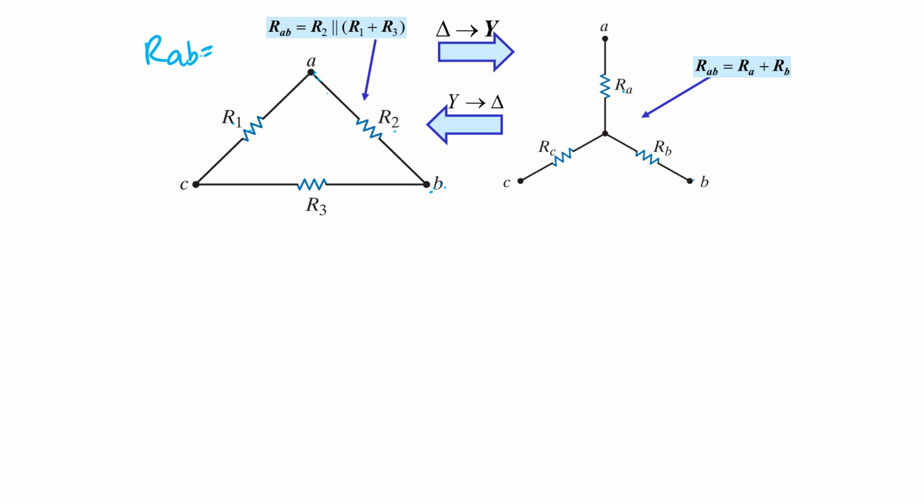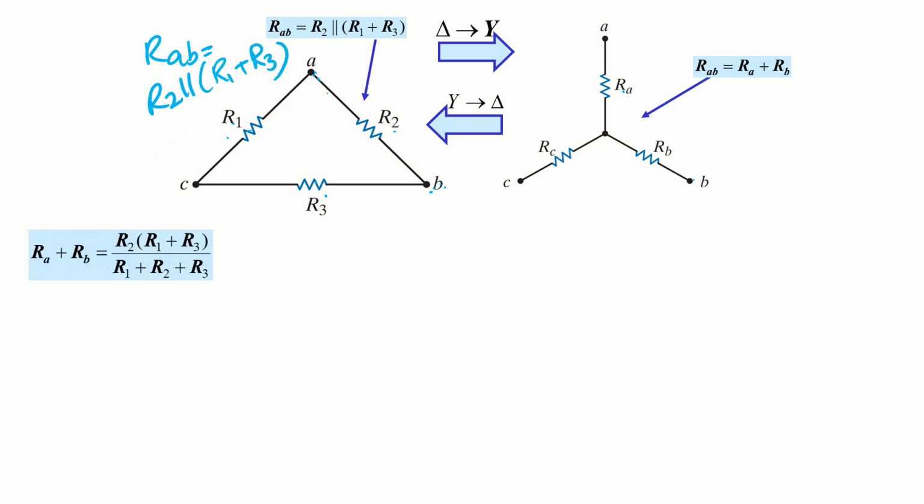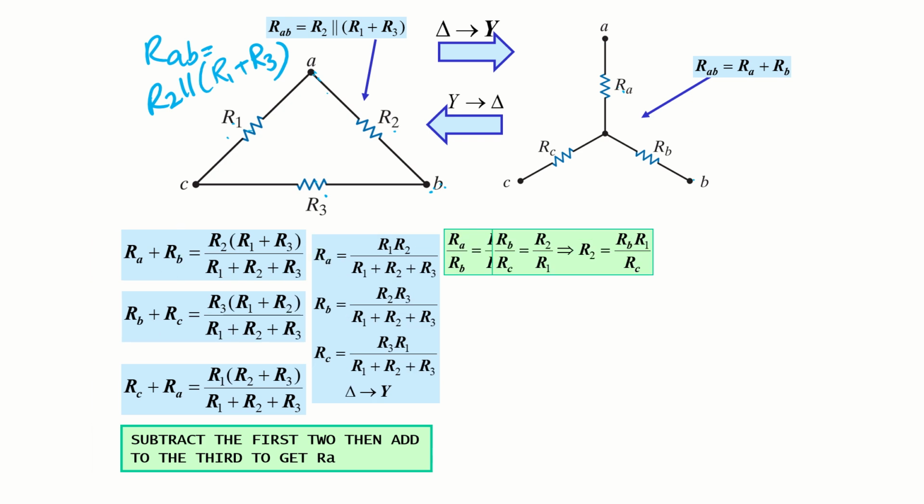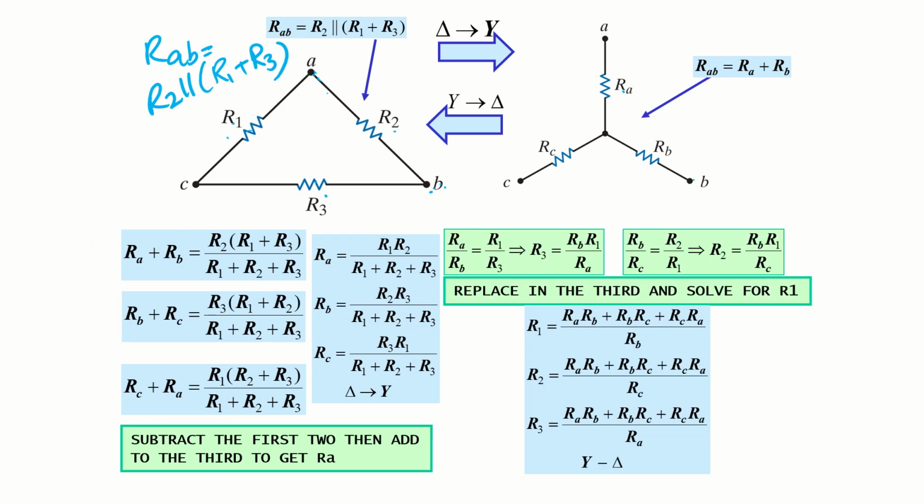This R2 is in parallel with the series of R1 and R3. Using these assumptions, if we do the derivations, we can find the relationships that actually help us. If you want to go from delta to Y, and you know the values of R1, R2, and R3, we can use these resistive formulas.